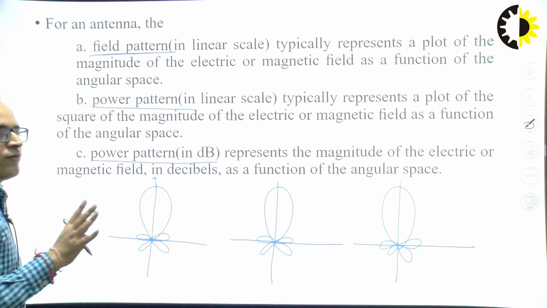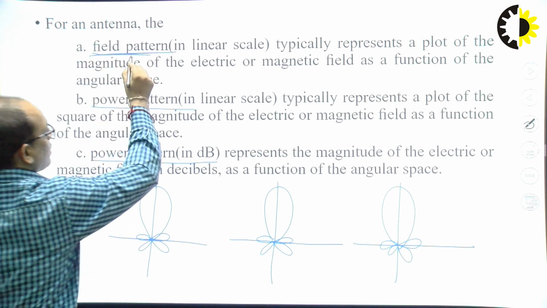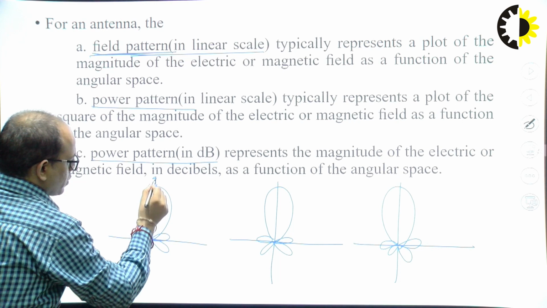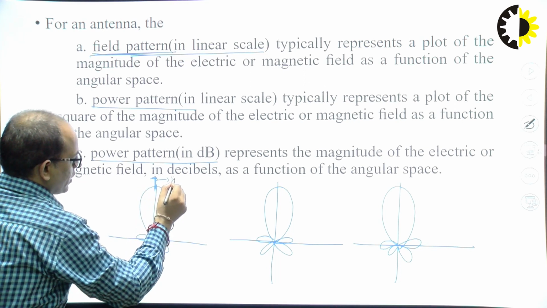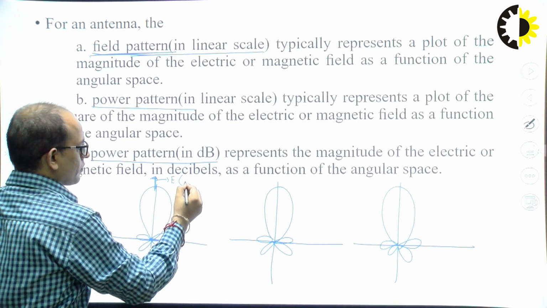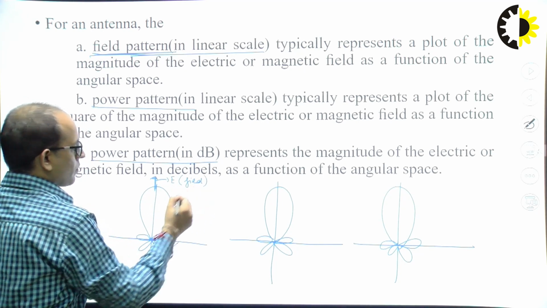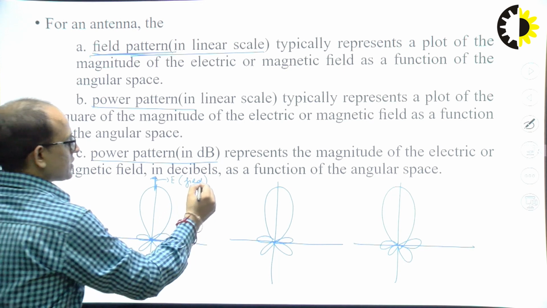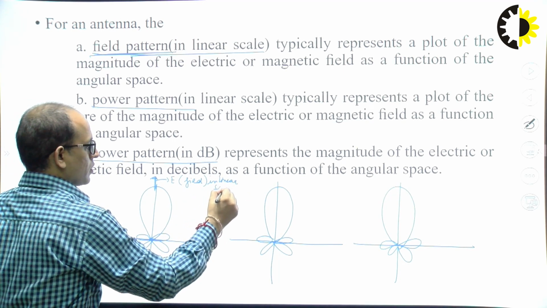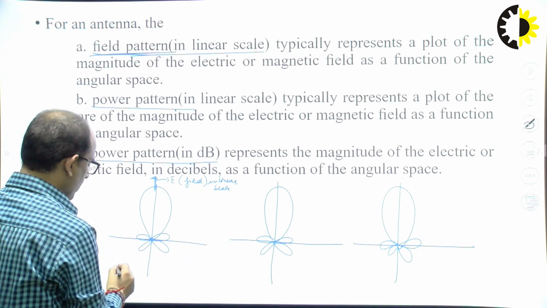This pattern will be known as the field pattern in linear scale when this represents electric field intensity, the field intensity in a linear scale. So this type of pattern is known as the field pattern.